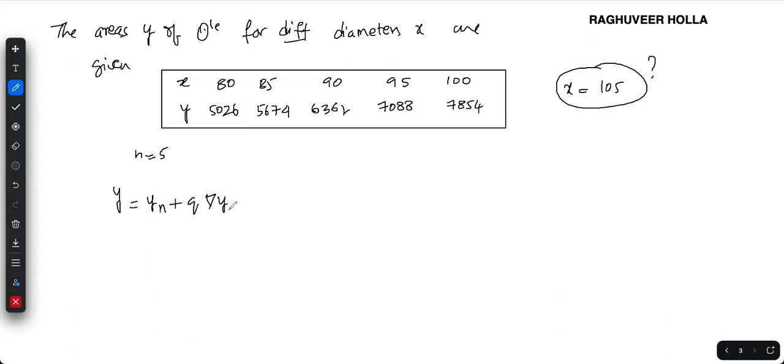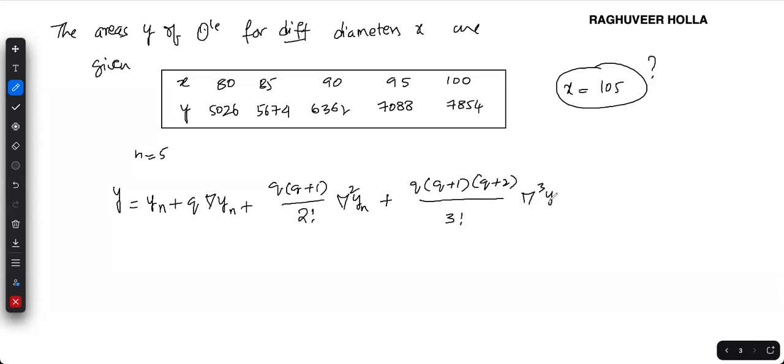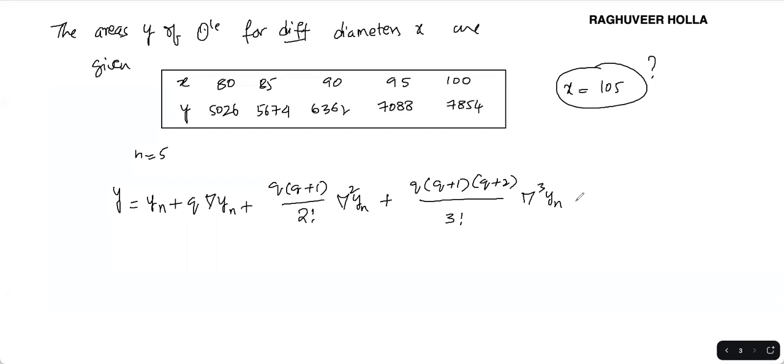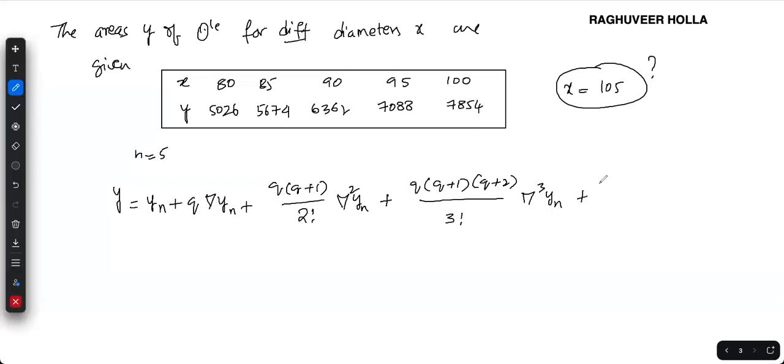So this is y n plus q delta y n plus q into q plus 1 divided by 2 factorial delta square y n plus q into q plus 1, q plus 2 divided by 3 factorial delta cube y n, and since you need up to 4 differences, the last term is q into q plus 1, q plus 2, q plus 3 divided by 4 factorial into delta to the power 4 y n.